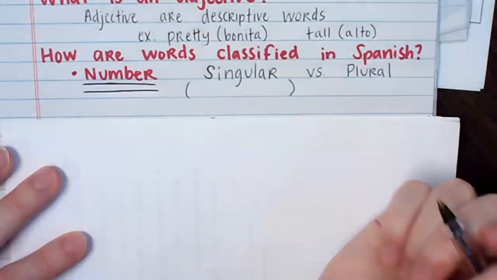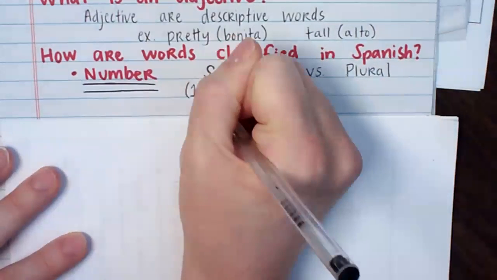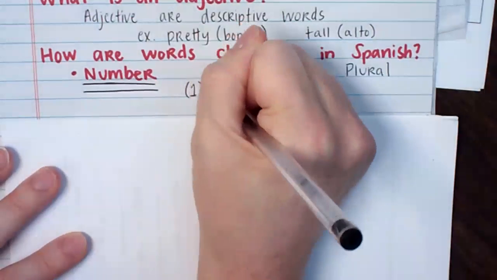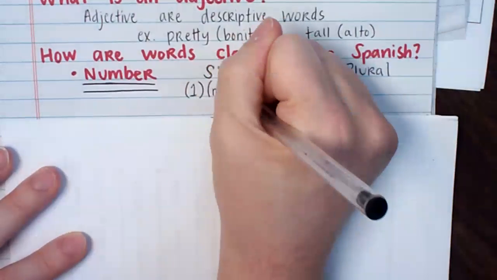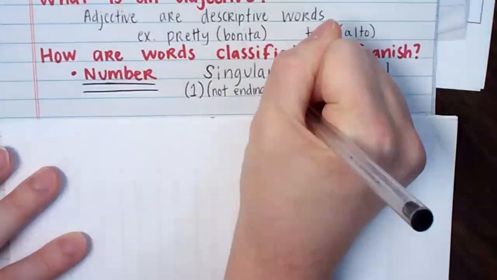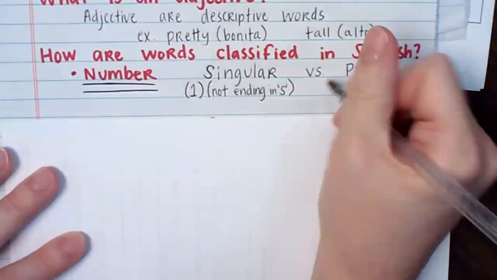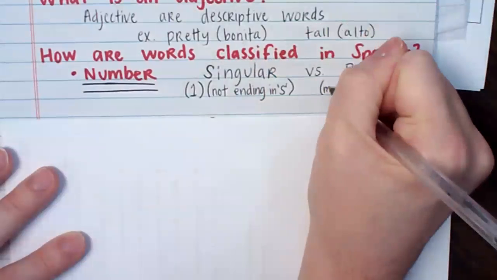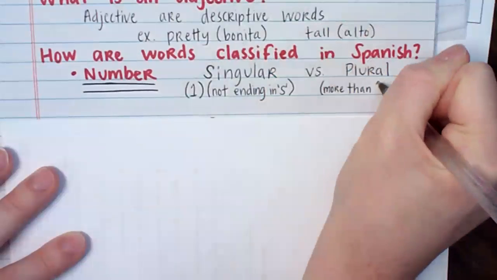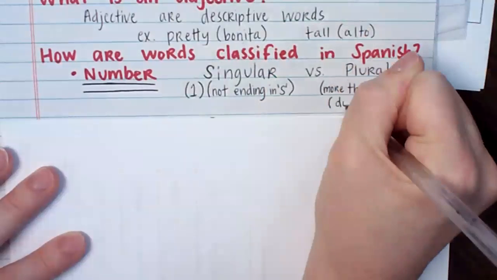So if something's singular, there's just one. And it is not ending in S. And then words that are plural, so you have more than one, and they do end in S.